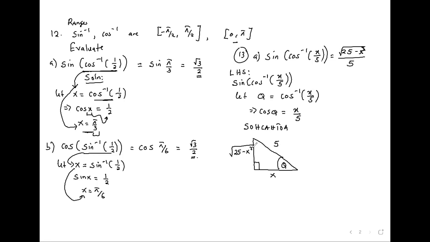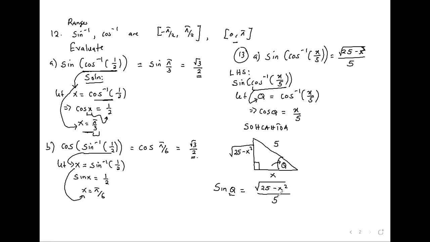So this whole thing inside here has been named theta. We are now saying sine theta is equal to, what is sine theta here? Sine is opposite, which is root 25 minus x squared, over hypotenuse, which is 5.